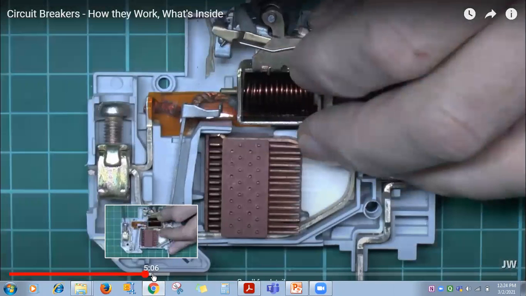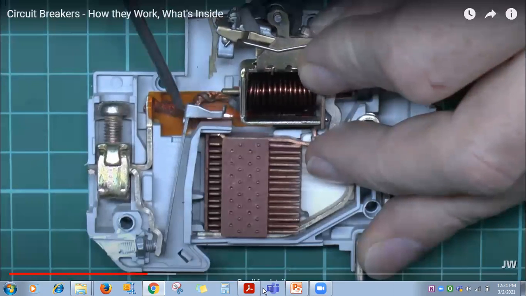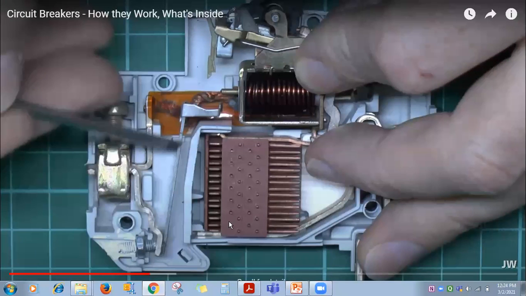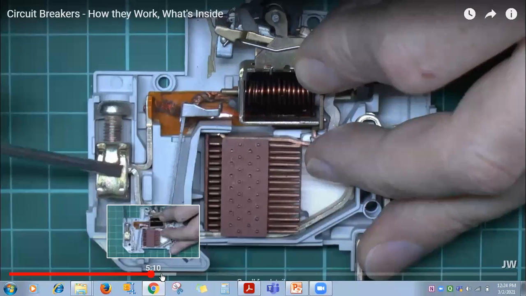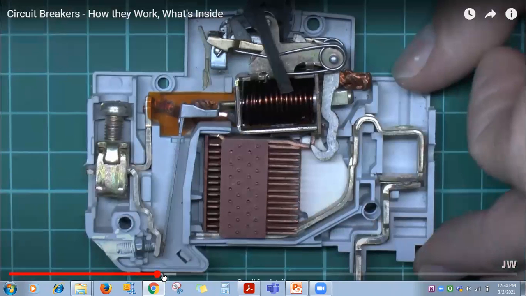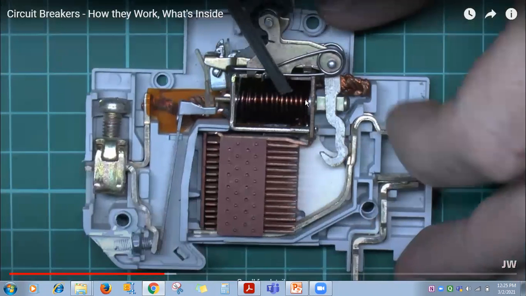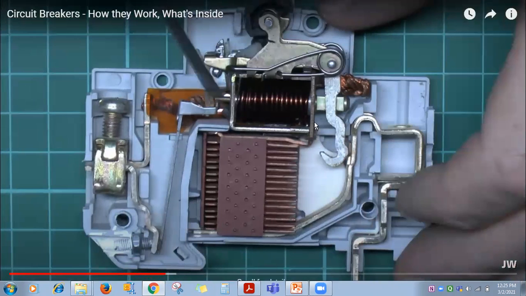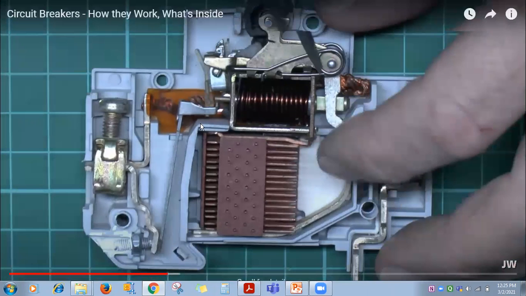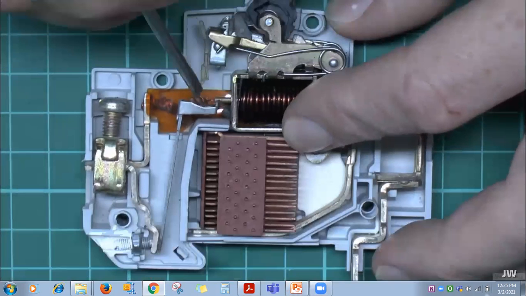Okay, see, this is the bimetallic strip. In case of overload, it gives protection. Now the switch is off because these two are touching each other, so the switch is in the off position. Now if you push this plunger, through that latch, see, it trips off.